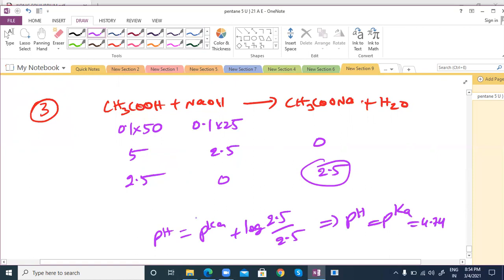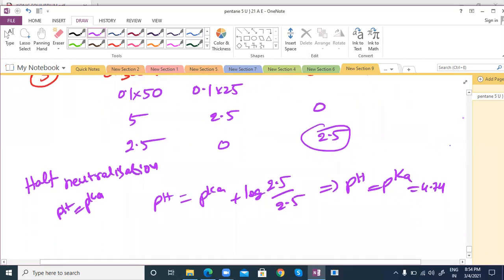This point is called half neutralization. At the half neutralization point, pH equals pKa. For a base also, at that point pOH equals pKb, for a basic buffer. This is half neutralization.